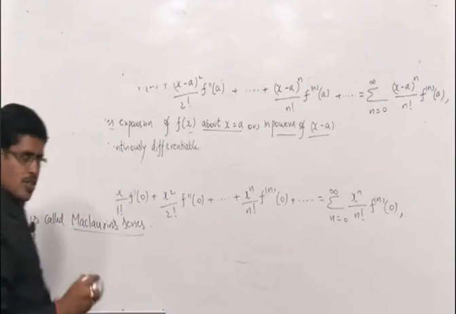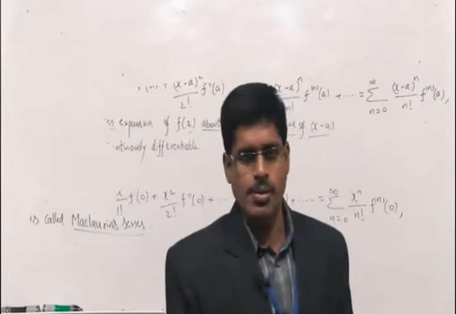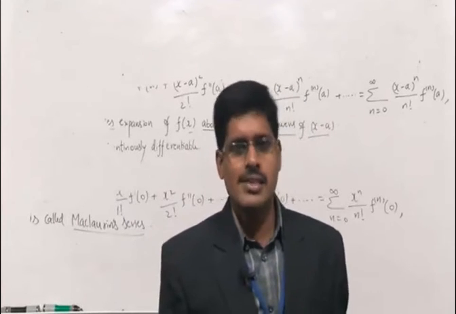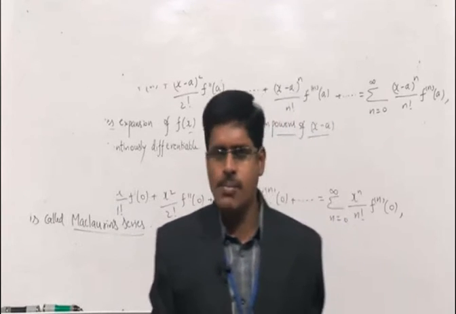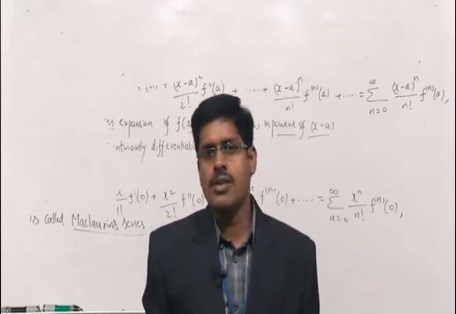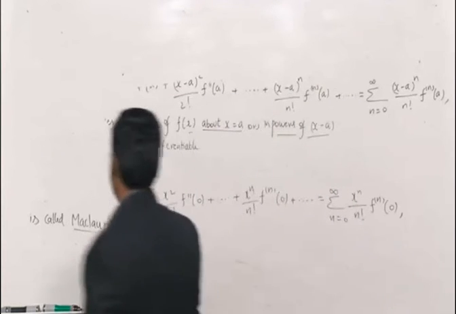Generally the questions coming in this topic are: find the Taylor series, either about some non-zero number or zero, or the question asks in powers of x or in powers of x minus 5 by 6, like that. The second way: find the third term, find the second term, like that. The third way: find the coefficient of x minus a whole square, find the coefficient of x minus a whole cube, like that. Okay, just observe.